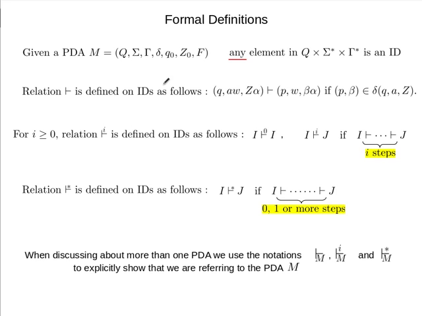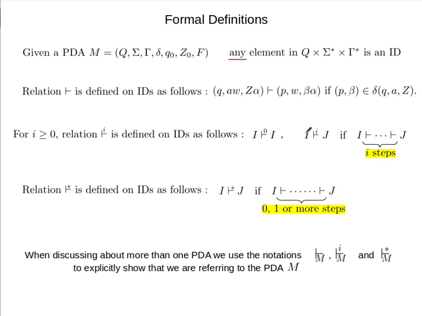The similar thing we can have for this turnstile also. So the superscript 0 means you are going from this ID I to I. So I, J, K are IDs. So you can go from I to I in 0 steps. So this is just a formality, okay.